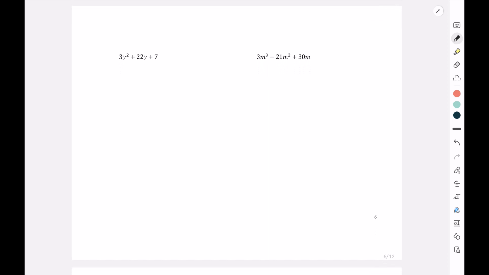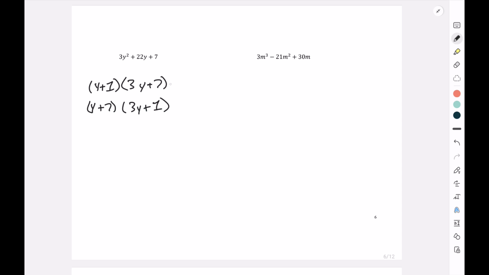So we're given 3y squared plus 22y plus 7. We can see that we're going to have a couple different binomials, which is a reason why I don't suggest this method. So we could do y plus 1 and 3y plus 7. We could also have y plus 7 and 3y plus 1.